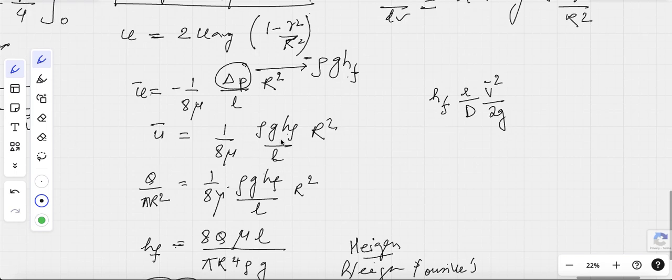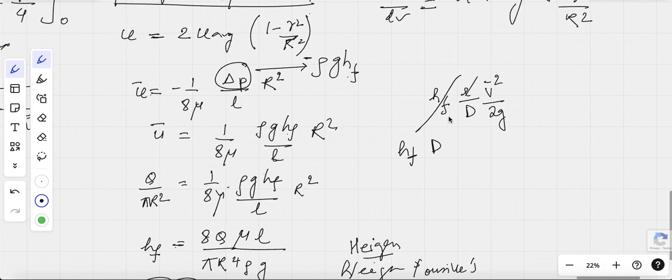If we try to break this down in this form, we'll have hf, should be d by l.